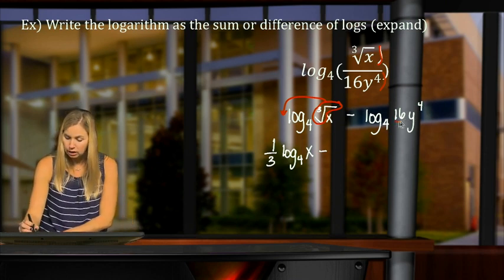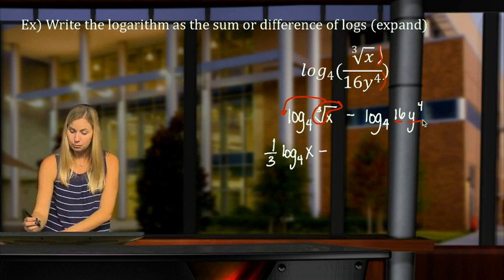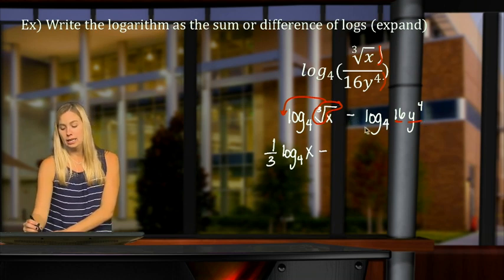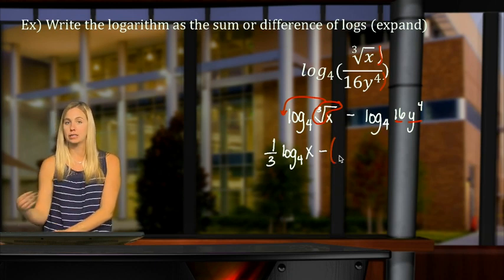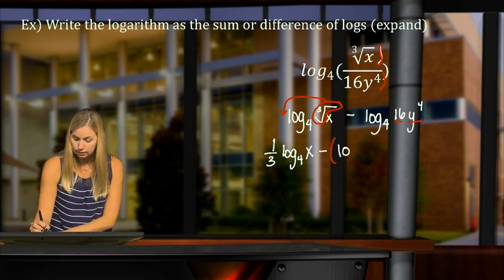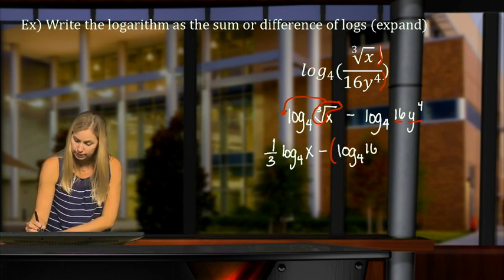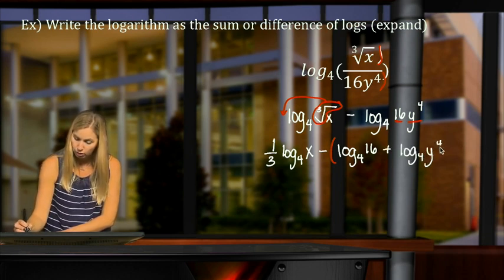But we can see here that we've got two things being multiplied, and we can expand that using addition. Since I'm subtracting this entire logarithm, I need to subtract its entire expansion, which means I'm going to use parentheses when I rewrite this. Log base 4 of 16 plus log base 4 of y to the 4th.